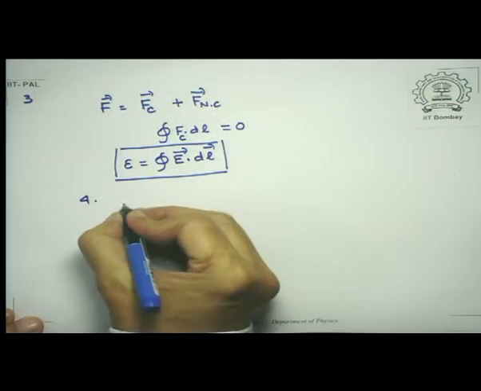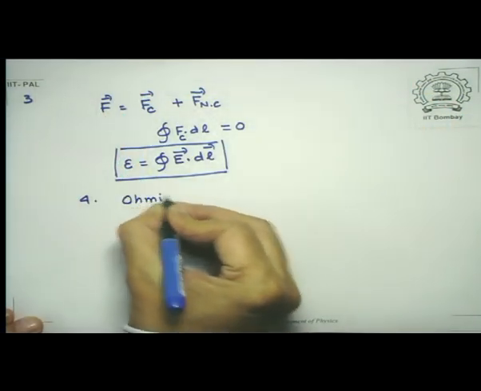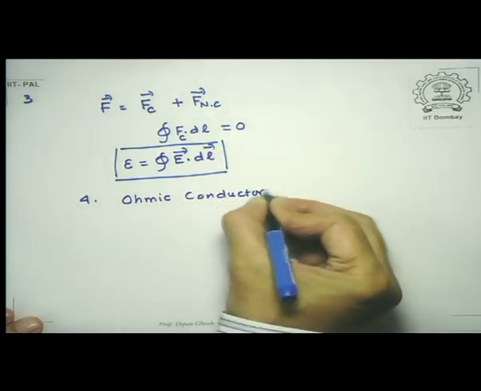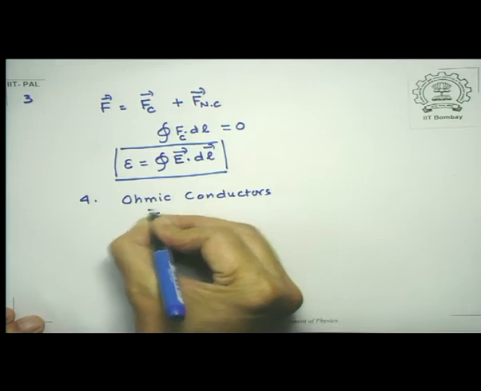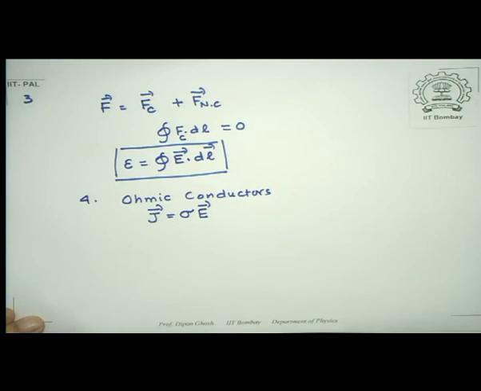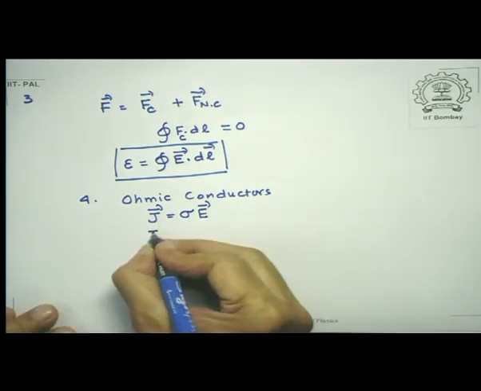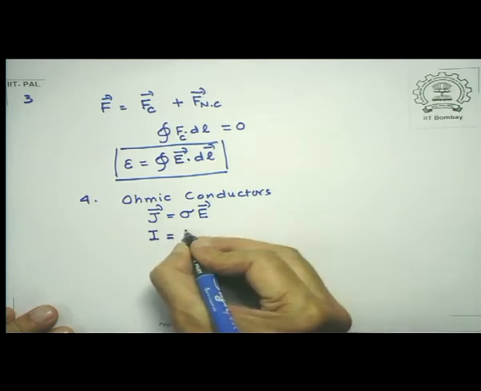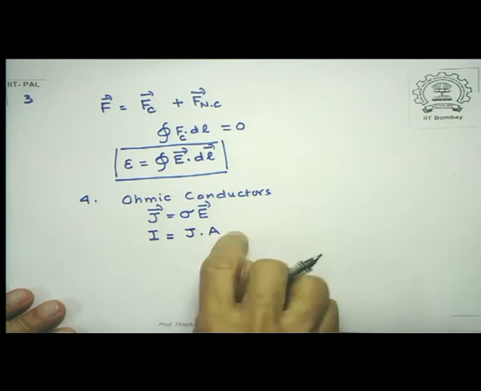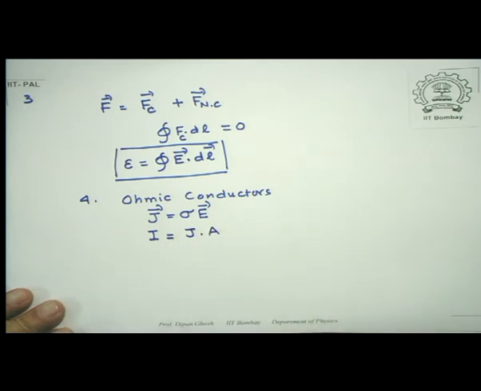Having done this, what we did is to summarize what happens for ohmic conductors. We had seen that the current density is related to the electric field by J equal to sigma E, where sigma is the conductivity. The current itself is J dot A, where A is the area vector and J is the current density.